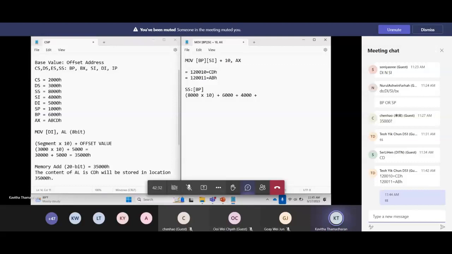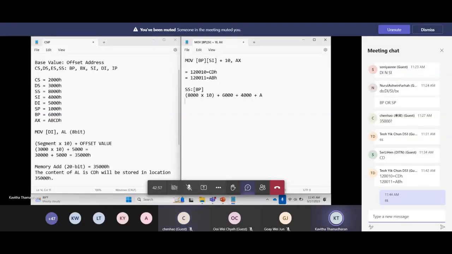If I convert decimal 10 to hexa, what will be my answer? A. Very good, you got your A over here.